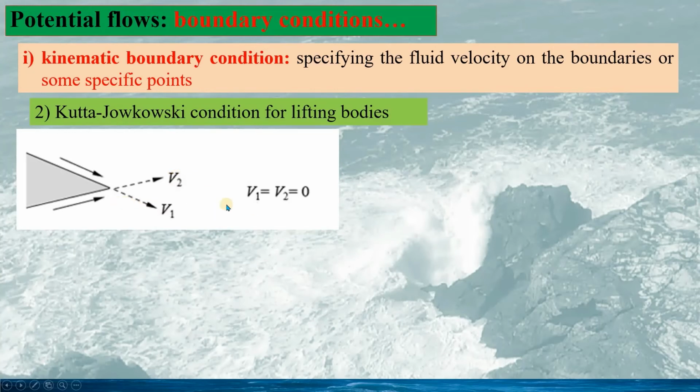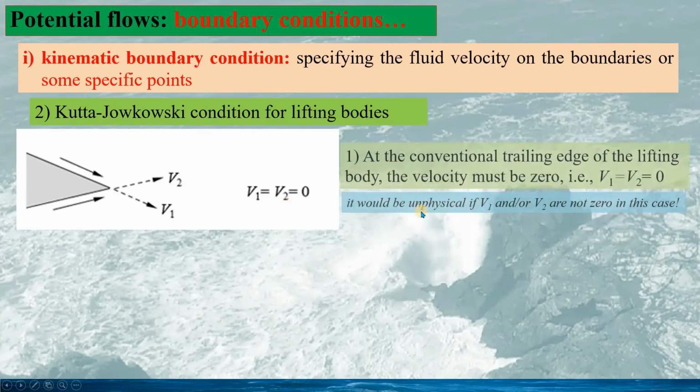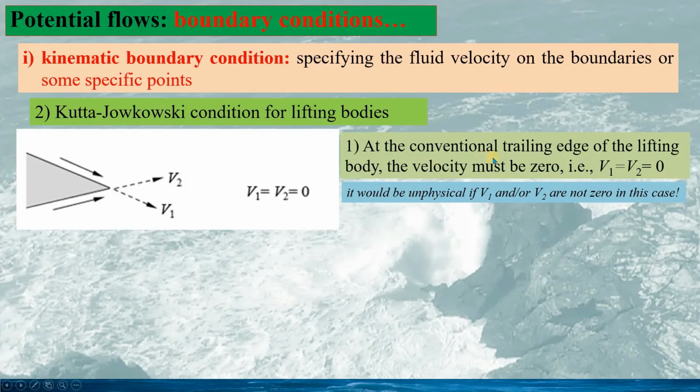Obviously, this is not physical, unless V1 and V2 are both 0. That means at the conventional trailing edge of the lifting body, the velocity must be 0, V1 equaling V2 equaling 0.